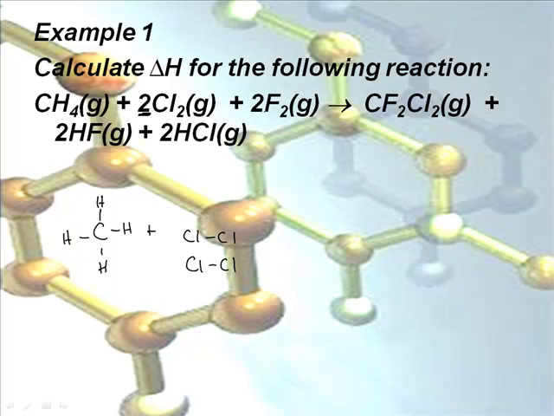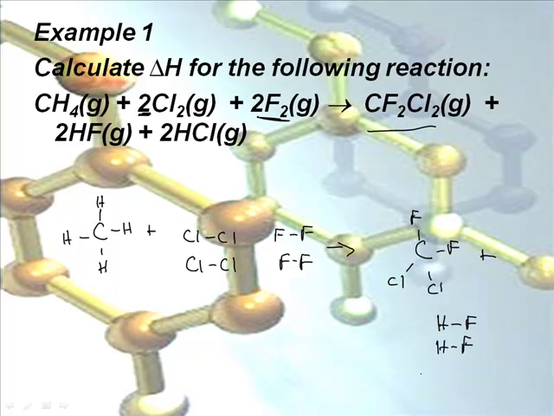Then I have 2 fluorines, F-F. And it's going to make CF2Cl2. Carbon wants 4 bonds, and there are 2 Fs and 2 Cls, so it's going to look like this. Plus an HF, which is H-F. Everybody wants 1 bond in this case. And you want 2 of those, and you want 2 HCls.